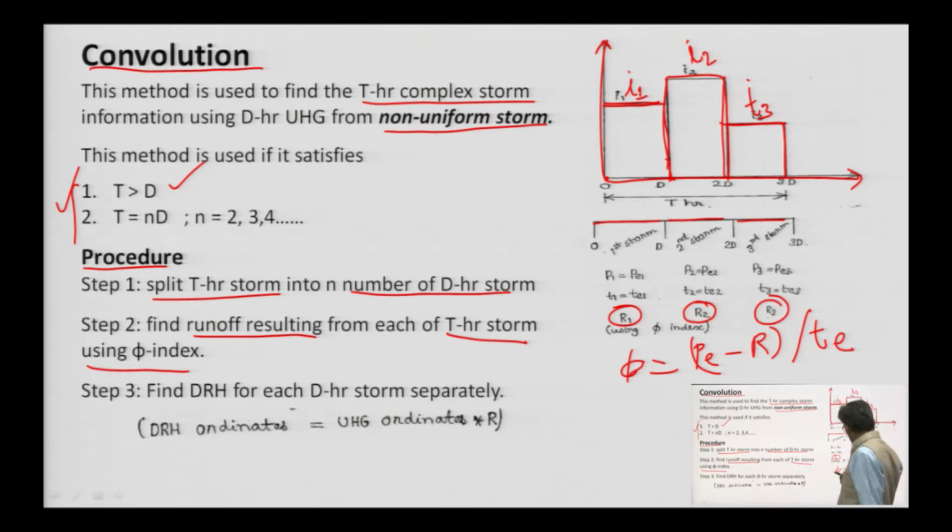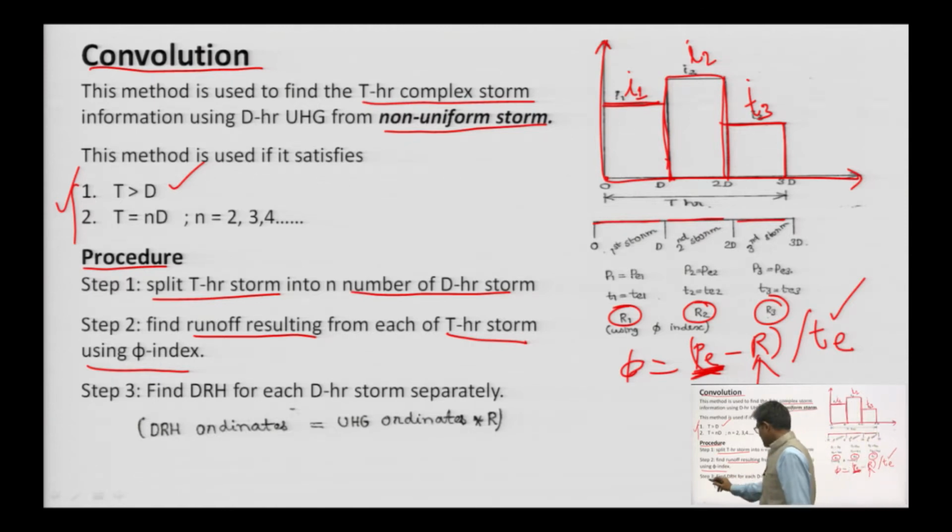So, to find the value of R, we must have the data of effective rainfall and TE, the time in which the runoff is taking place. Then and only then can we calculate the value of R1.